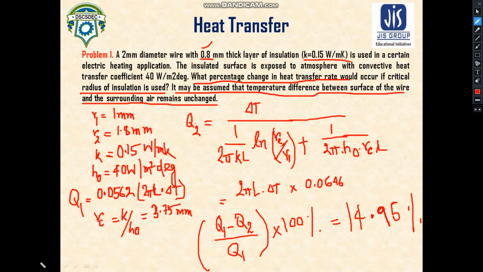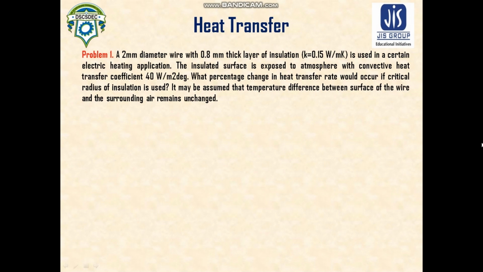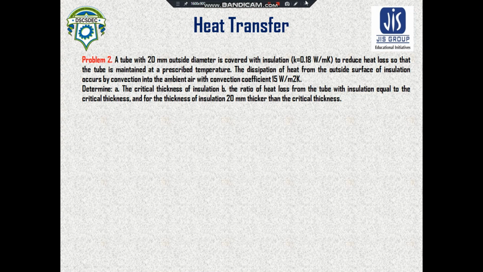It's a pretty simple one, and after understanding this, let us see another problem. The next problem would be almost similar, but let us see if there are some differences here. A tube with 20 millimeter outside diameter is covered with insulation.